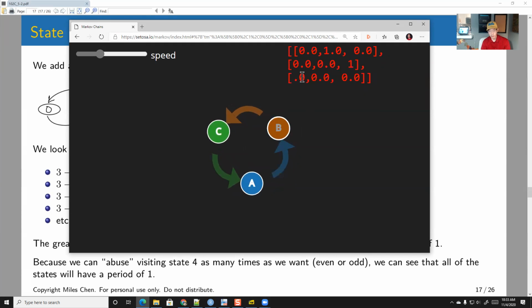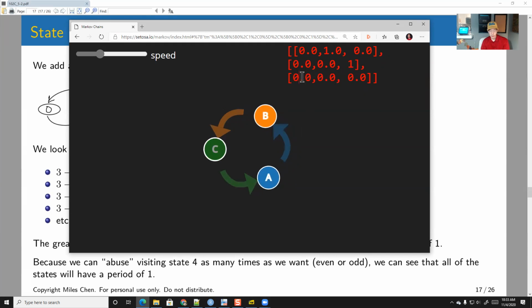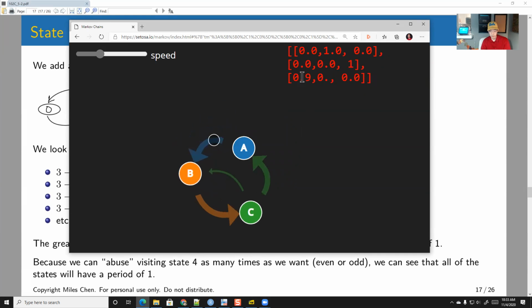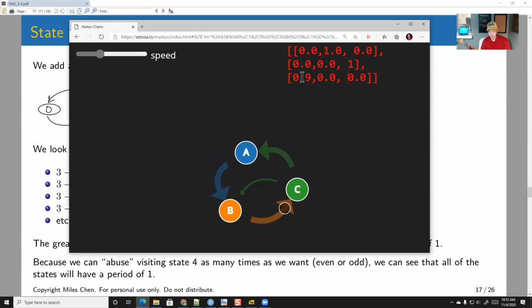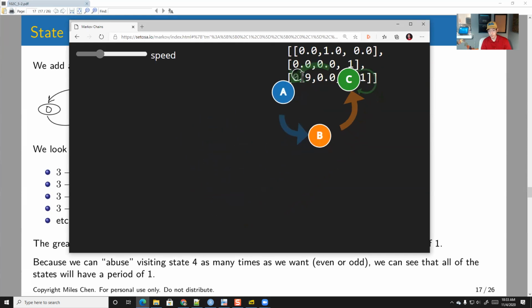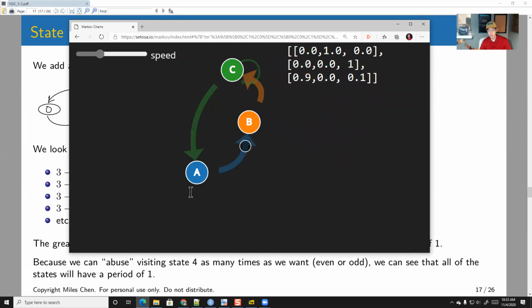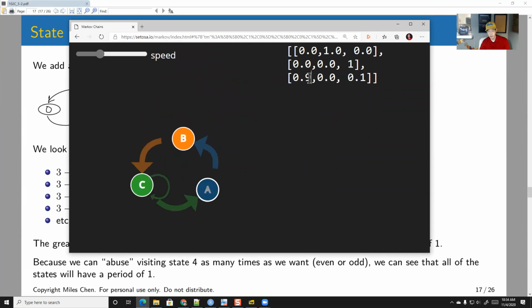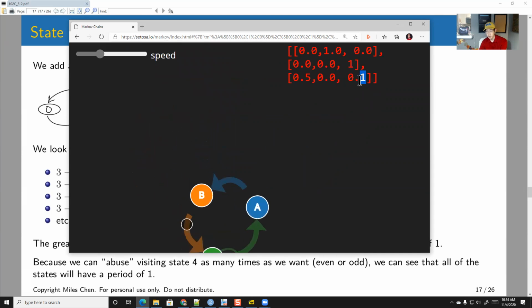But as soon as I make one of the states able to go back to itself, let's reduce this here.